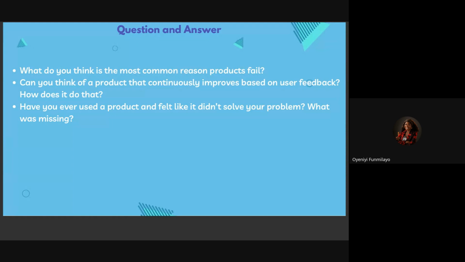Yes, I agree with you that WhatsApp continuously improves based on user feedback, but how do they do that? I'm not really sure, because I don't think there's a place where they ask for feedback on WhatsApp. So I'm not sure. Says who?